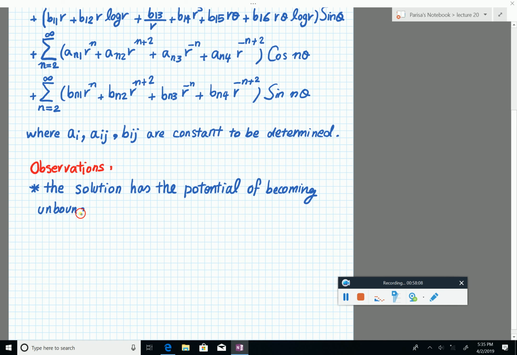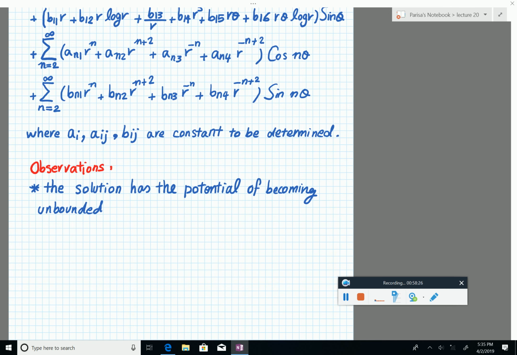And that's a useful thing if you are studying a stress concentration, and if the hole is very tiny, or if you are looking at very sharp corners, you want to have a solution where the values can become very, very large.